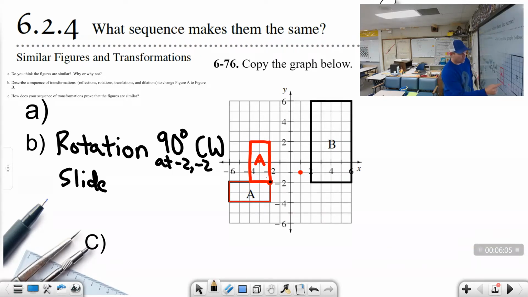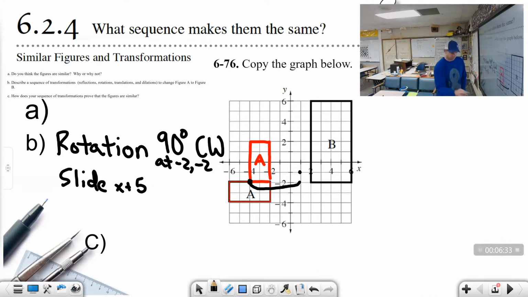How many is the x? I need to do x plus 3. And I need to do y plus 1. Oh, I'm working off the wrong corner, Mr. McCoy. Remember, mathematicians make mistakes too. I need to get that bottom left corner. My apologies. I need to get the bottom left corner over there. So that's now x plus 5.